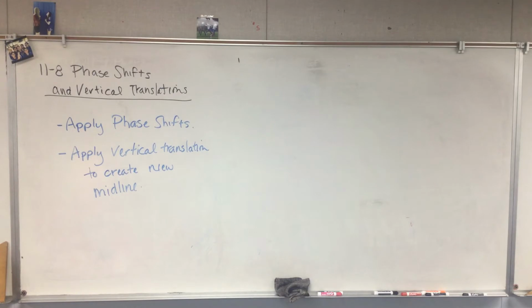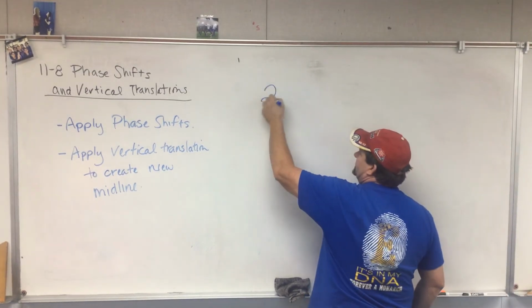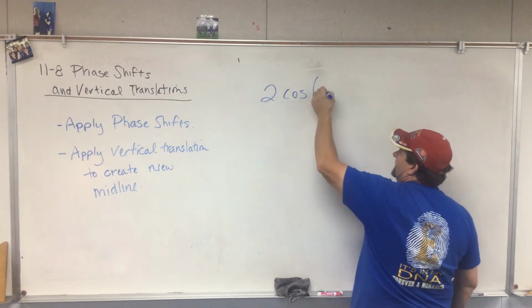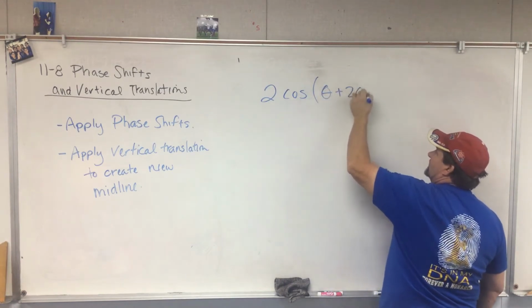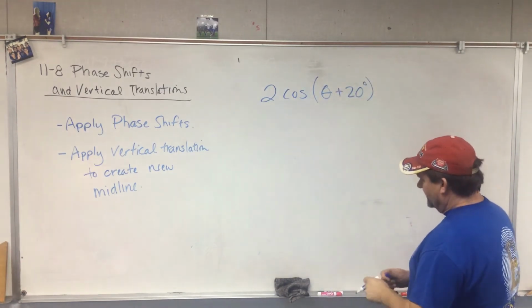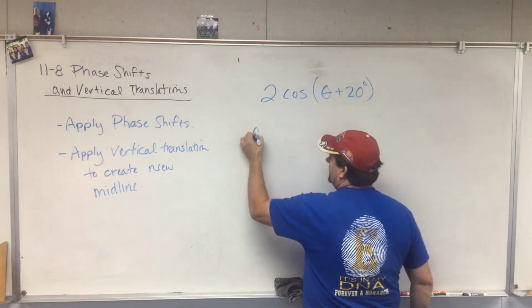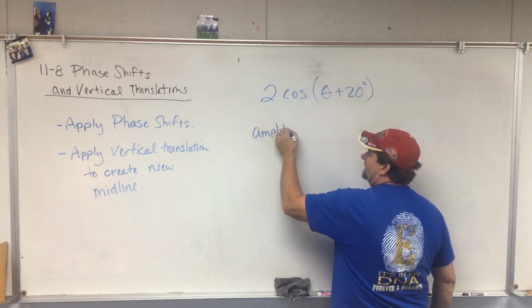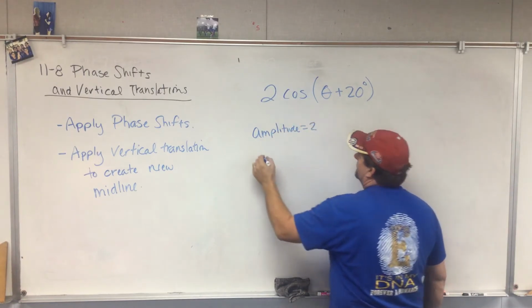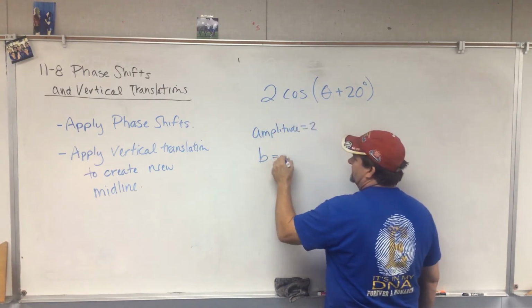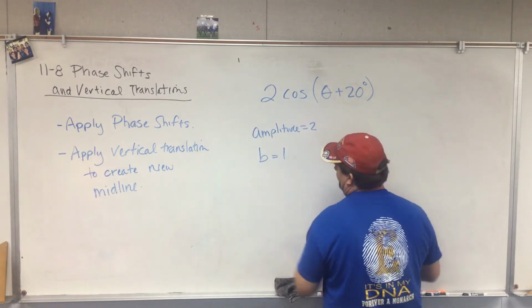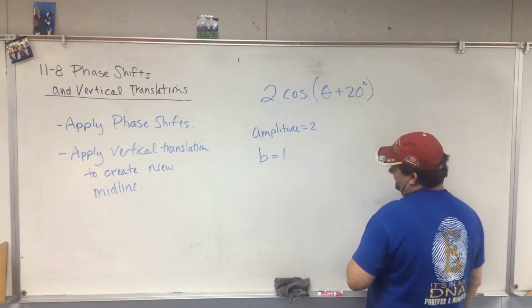So let's look at our phase shift here. And let's do 2 cosine theta plus 20 degrees. All right, so let's look at that one here. Our amplitude is equal to 2. My b, nothing there, is equal to 1, so it doesn't change the width, so the period's going to stay at 360.